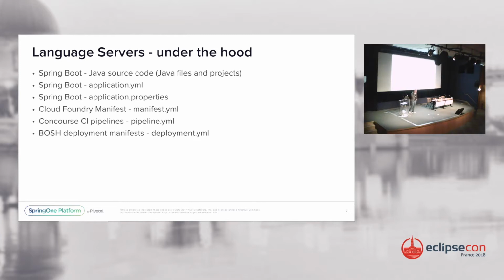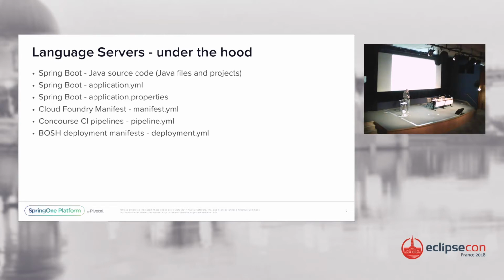So we support Java source files and try to help you with your Spring app development. We help you work with property files for Spring Boot applications where you can customize your app, and those are in the classical properties file format or the YAML file format. And we have other YAML dialects in our ecosystem for Cloud Foundry and for Bosh and for Concourse CI systems and things like that, for other open source projects that we work on as a company.